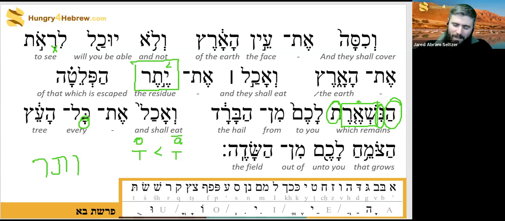Typically, feminine nouns are more abstract. So here, that which remains, the remains of something, well, that's more abstract. It's not something you can really label and count and hold and touch. So it's okay that it's feminine here. All right, what else?